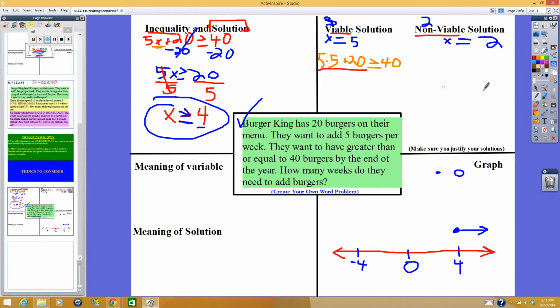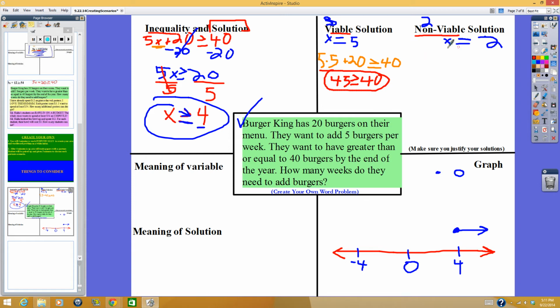If you put that side in your calculator, find out what it equals, that works too. But 5 times 5 is 25 plus 20. This left side will give you 45 is greater than or equal to 40. That's how you prove that this is viable, because this is true. 45 is greater than or equal to 40.